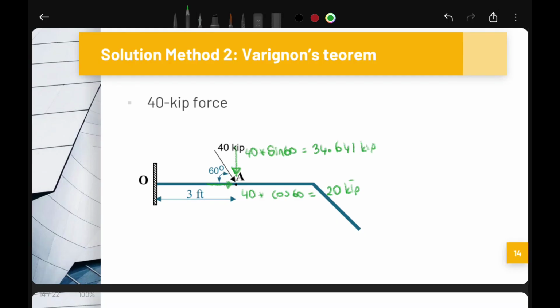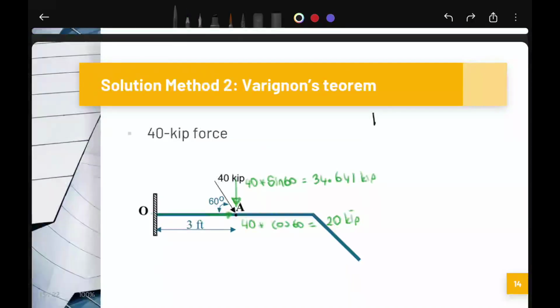As you see, the X component passes through our rotation point. In other words, our perpendicular distance is equal to 0. This component does not generate moment. Only the Y component generates moment. M1 is equal to 34.641 times our X distance, which you can see is 3 feet.